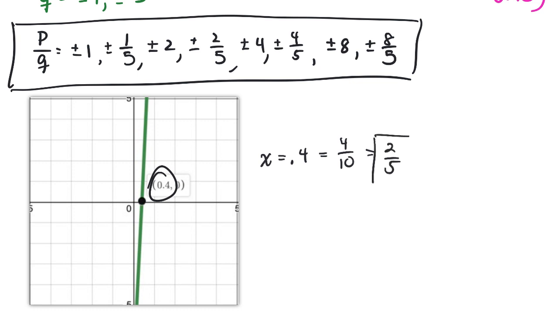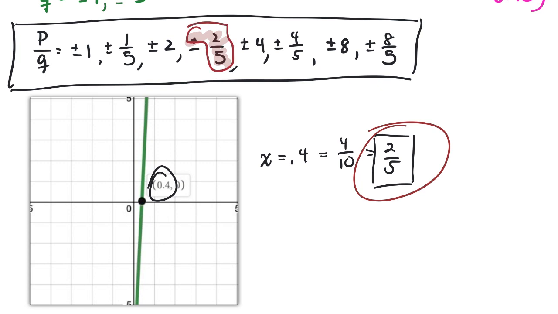So it looks like if it does have a rational answer, it is 2/5. Let's check to see if it's in our list. Aha, there it is. Positive 2/5. So we do know it has one rational solution. That's the positive 2/5. The rest of these just don't work.